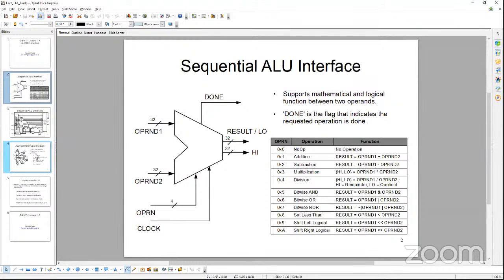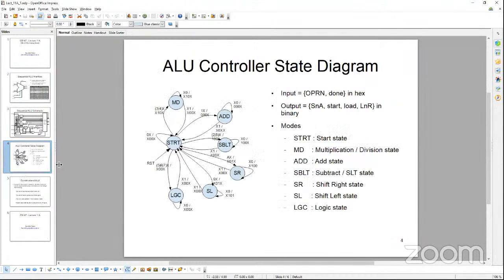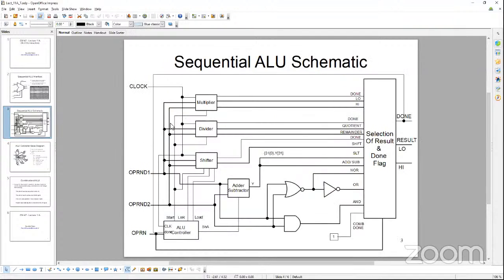Now this is a very simple state diagram machine, and we need a state diagram because the division and multiplication operations, even the shift operation in this data path, are all sequential circuits we deploy. So the multiplier is sequential, the divider is sequential, the shifter is sequential, and each of them has its own state machine.